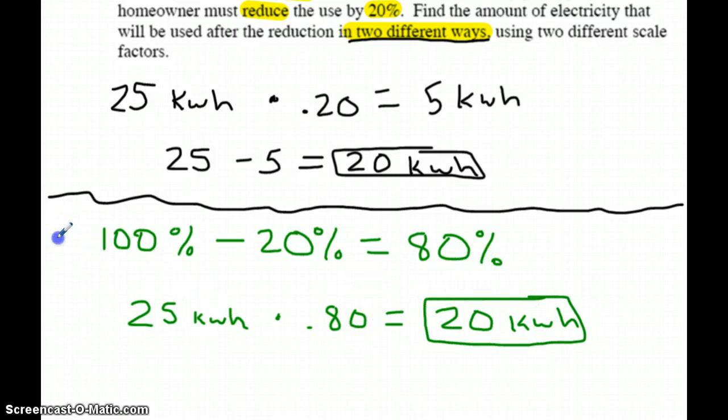So two different ways of doing it. You can reduce the percents first and then multiply, or you can multiply and then reduce. The first one is multiplying by a decimal and then subtracting the actual numbers. The second way is subtracting the percentages, turning it into a decimal, and then multiplying second.